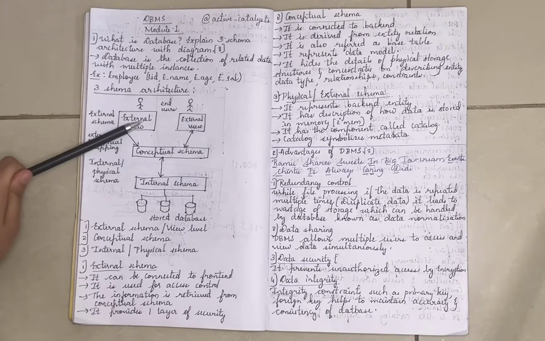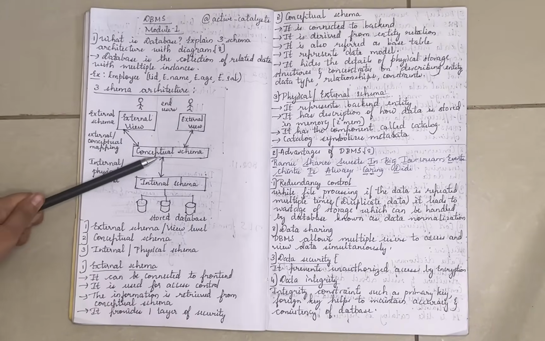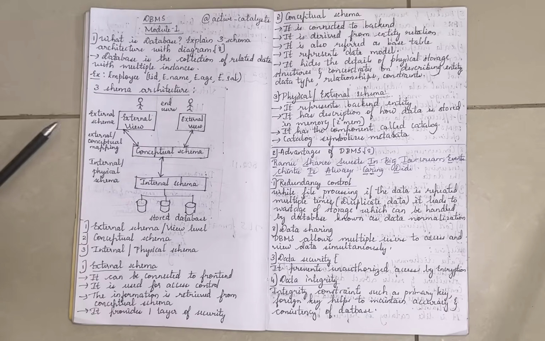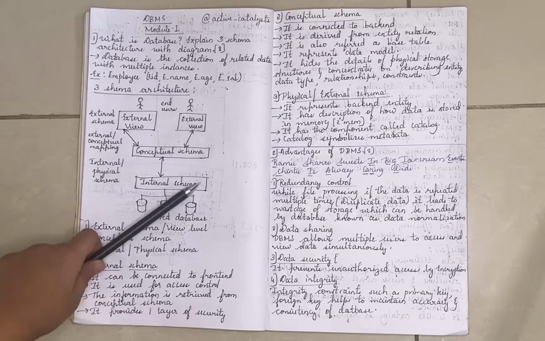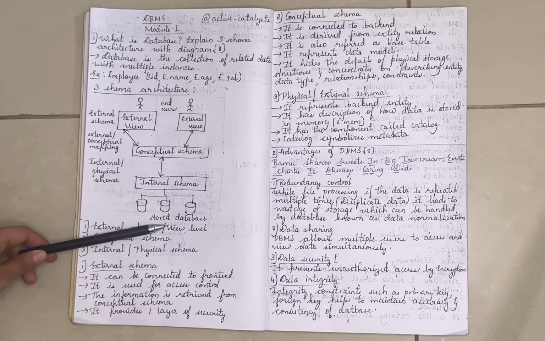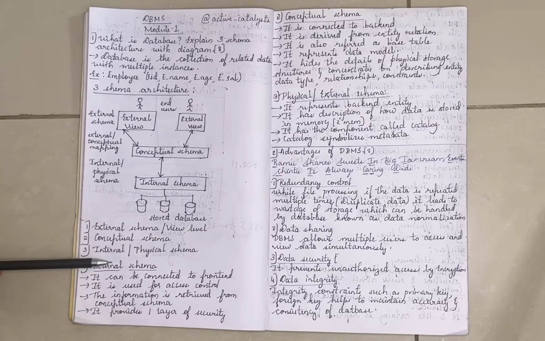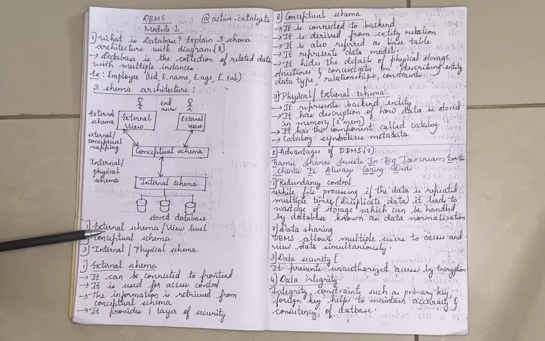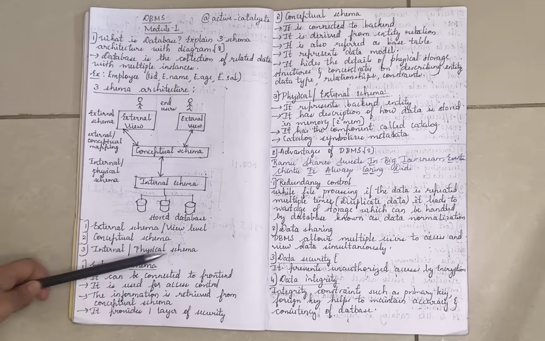It is connected to the conceptual schema and internal schema, and the internal schema is connected to the database. So 3 schemas are there. The external schema is also called view level, the conceptual schema, and the internal level is also called physical schema.